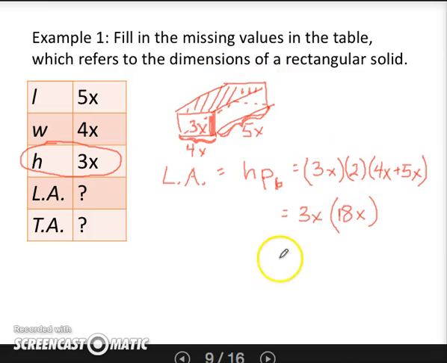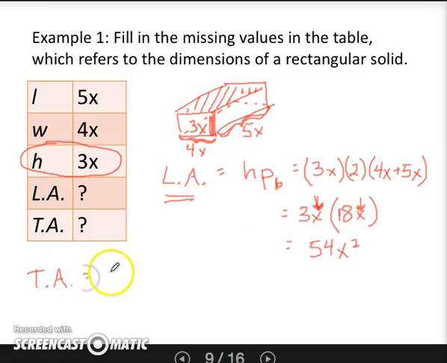Okay, multiplying by 3, that's going to give us 54 and then x squared, because we have an x here and another x here that are being multiplied together. Now, no coincidence, the x is being squared, and when we talk about lateral area, we are talking about square units.